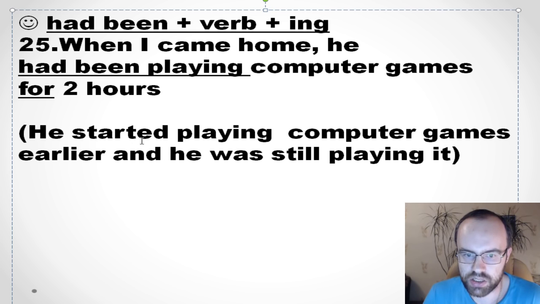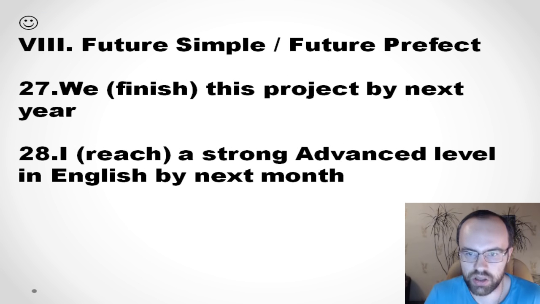It means that he started playing computer games earlier, 2 hours before I came, and he was still playing it. Okay? So if you have for, you need to think about this tense. Okay, very good. So the next section, future simple or future perfect.